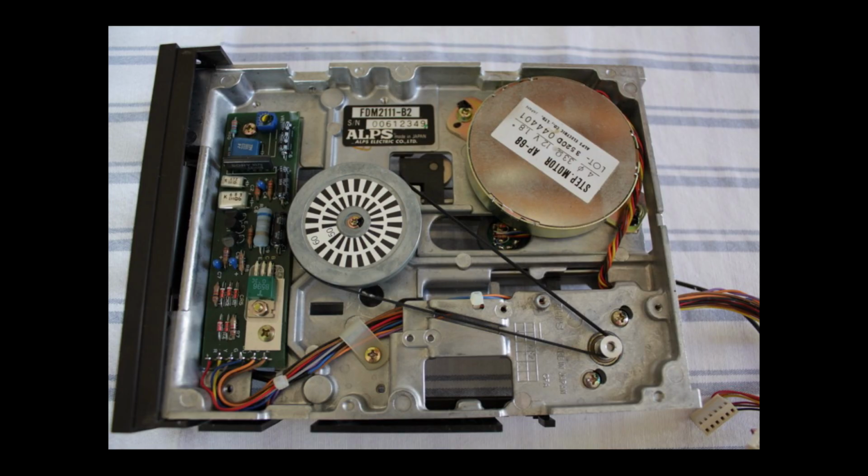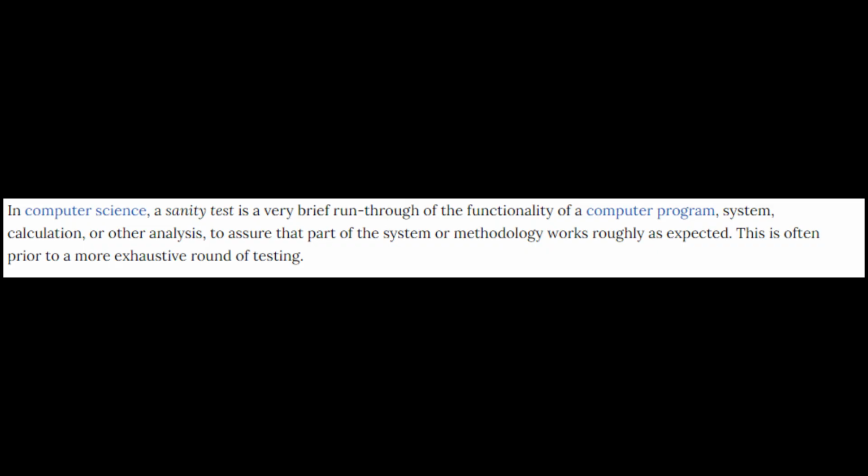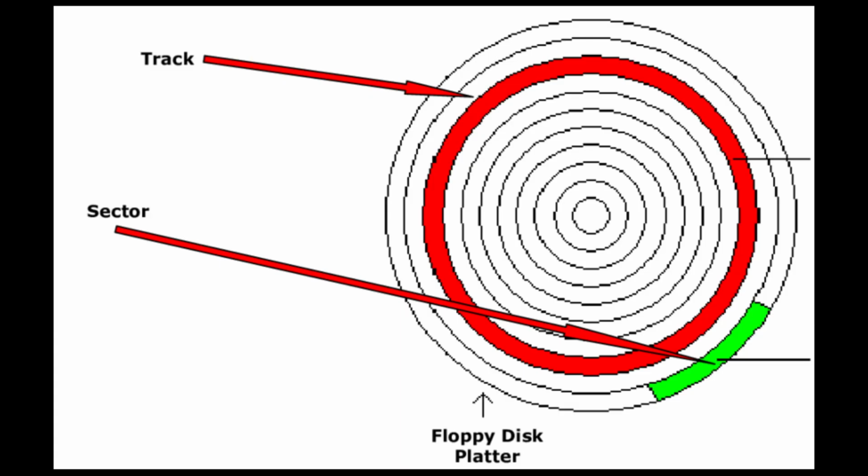And due to a lack of what's known as sanity checking in the motor hardware, basically making sure that things are behaving as they should be, if the drive was told to keep moving despite reaching the first or last track of the disk, the drive head would be knocking against the mechanical stop, which eventually would bring the drive out of alignment, since it would be essentially bashing against another piece of metal.